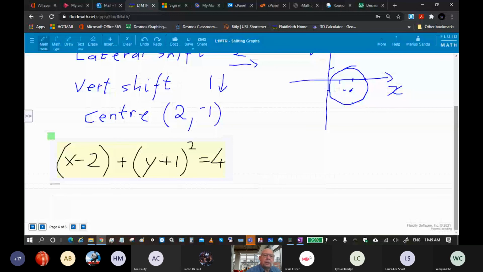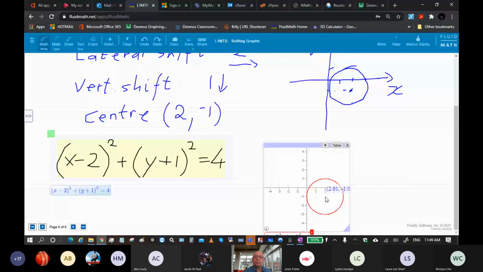Yeah. And now if I draw it, yes, 2 and minus 1 is the center. I can't center it properly anyway, but you get what I'm saying here. Okay.